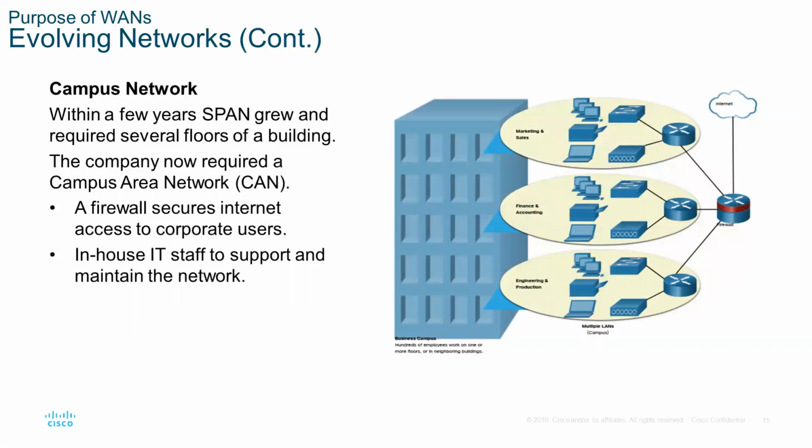So the way we now design that is with a campus network, and we have multiple departments, each segregated into its own functional groups, and they all share a common firewall before connecting to the internet. We now have an in-house support team to maintain our network and all of the peripherals contained.